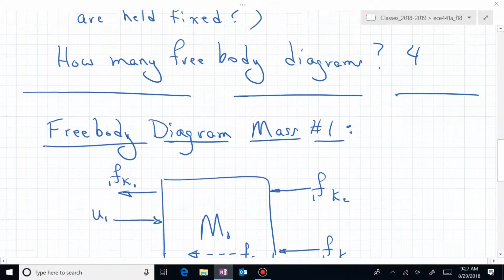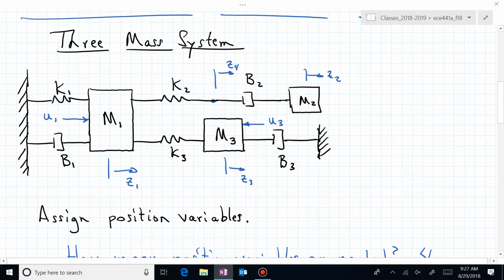Suppose you're still confused on this labeling. Go back and say, what if I fixed Z1 and now I moved Z4 in the positive direction? What force is going to be applied to mass 1? It's going to be a force going to the right, which is the negative of how we had sketched it, right?